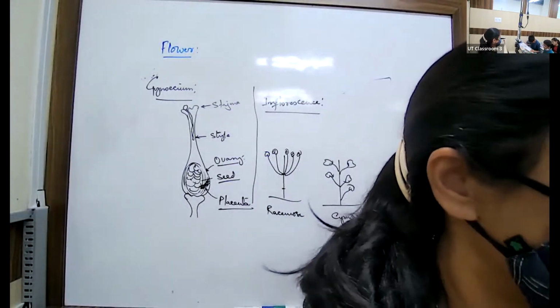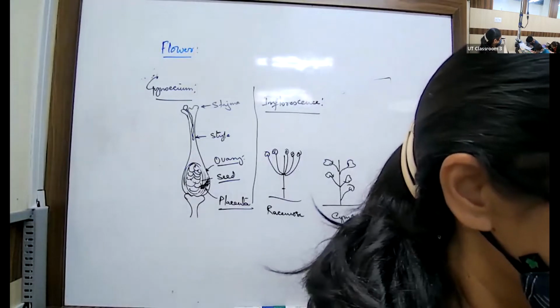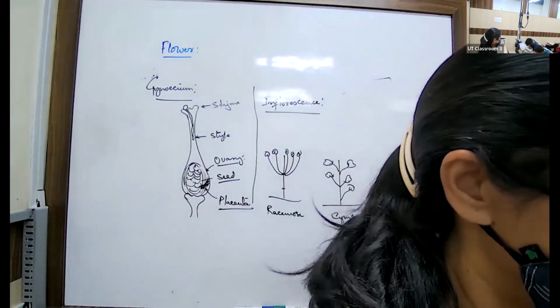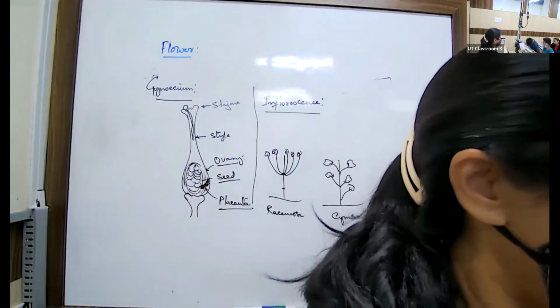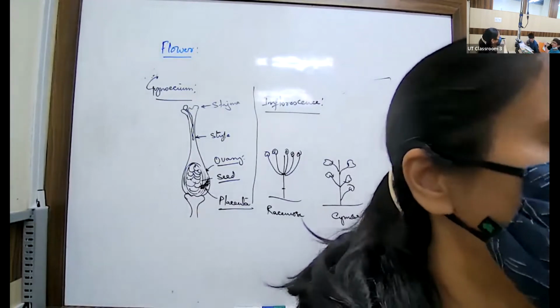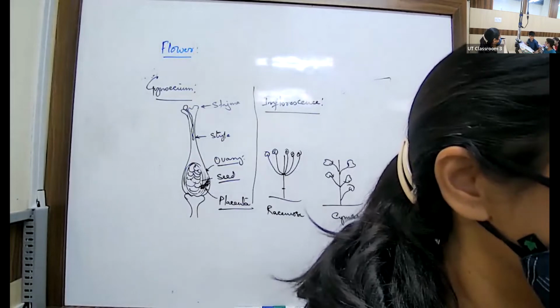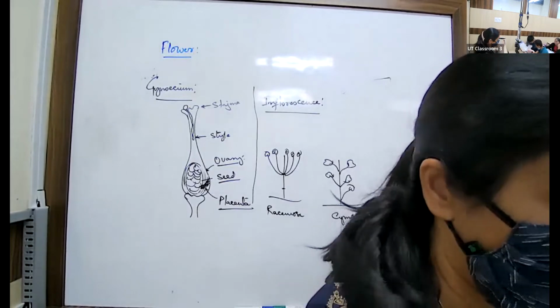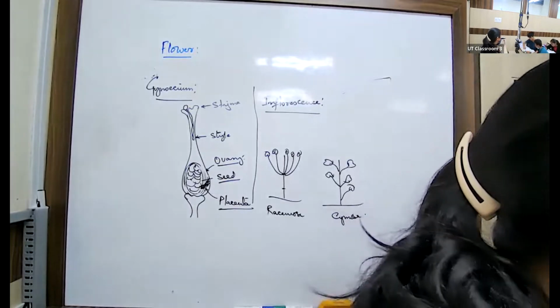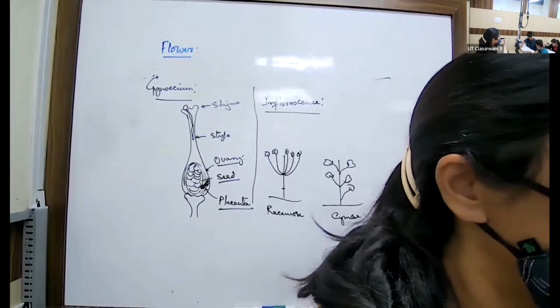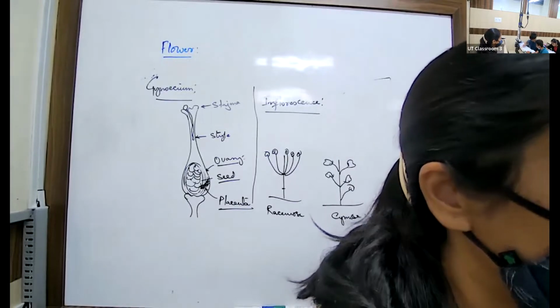Start, do it quickly. A, B and E, first 1 and 2.